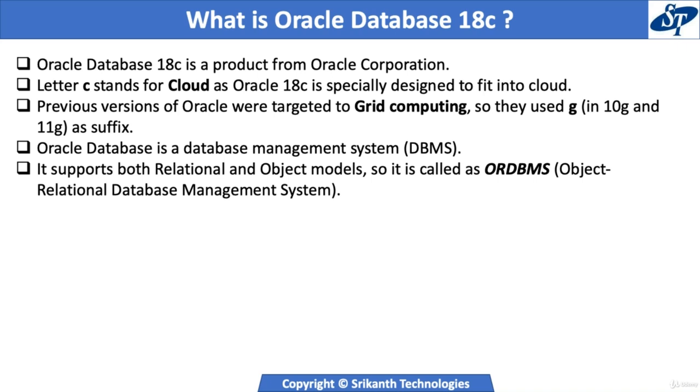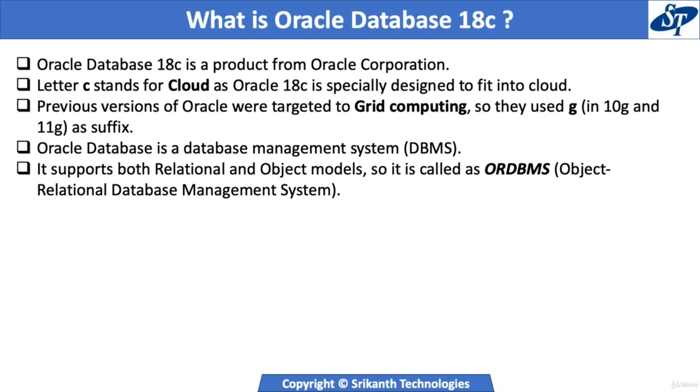So Oracle database is a database management system, but it is more popularly known as relational database management system because it supports a model called relational model. And we'll see all the details about relational model later in this lesson. Oracle is also known as ORDBMS.